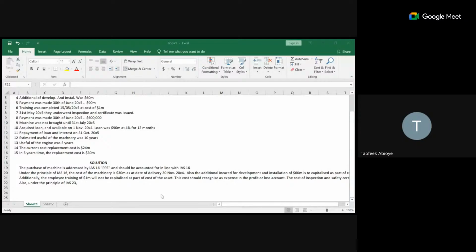So now let's move on, we are in our borrowing cost. The company acquired a loan.